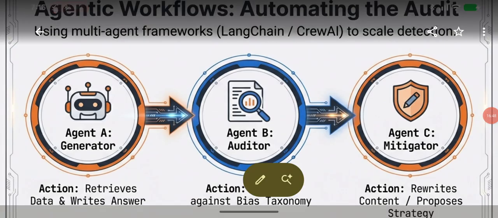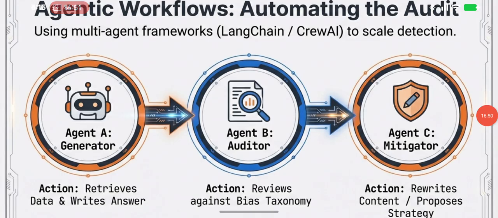Okay, so in a workflow solution, if we want to implement the fairness and include the bias evaluation, suppose agent A is a generator which retrieves data and writes the answer.